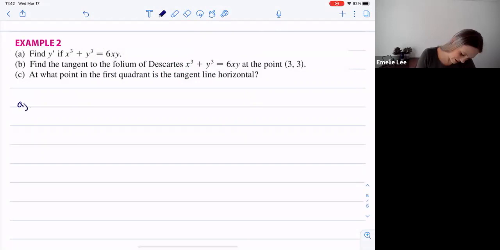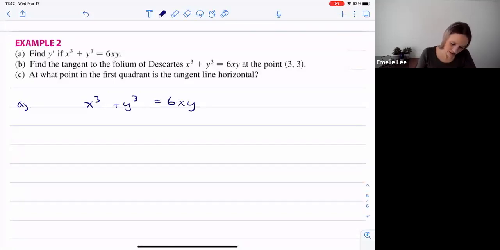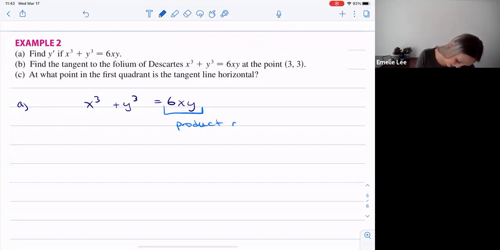We'll get started here. If you have x to the 3 plus y to the 3 equals 6xy, one thing I want you to notice is that you're going to have the product rule on the right-hand side.